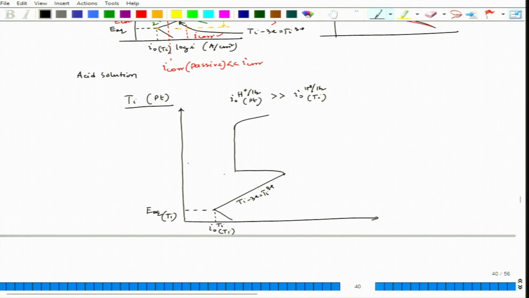Now, let us say on the titanium surface the hydrogen evolution reaction is like this.